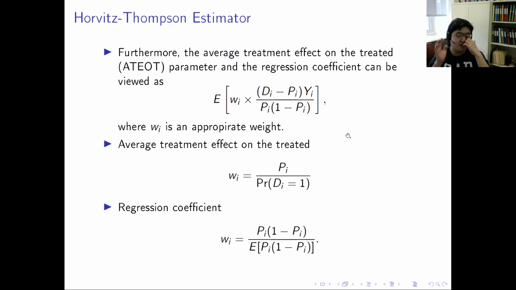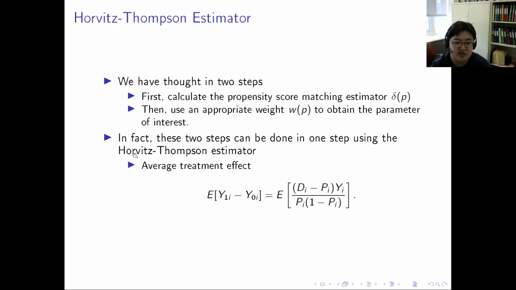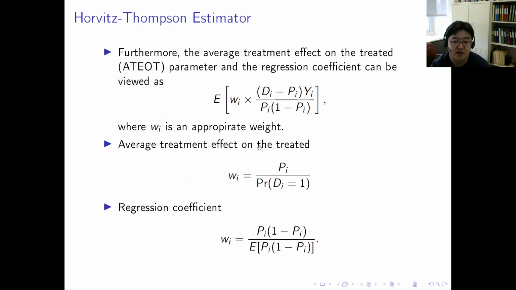So these parameters are just different weighted averages of this Horvitz-Thompson estimator. The average treatment effect on the treated is based on this weight, and regression coefficient is based on this weight. So depending on the weight, the parameters may be different, and this is also easy to calculate.